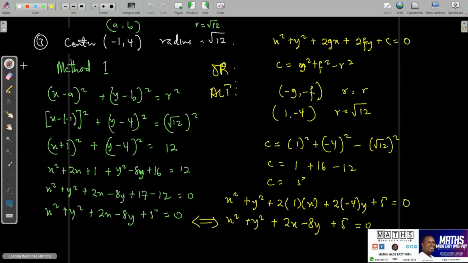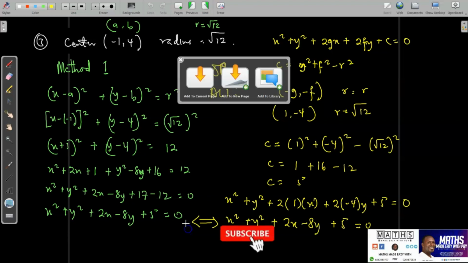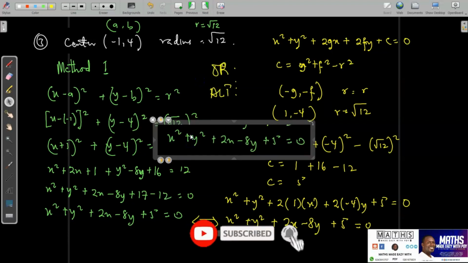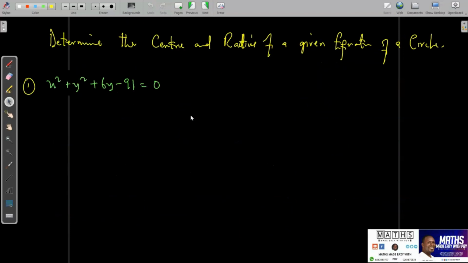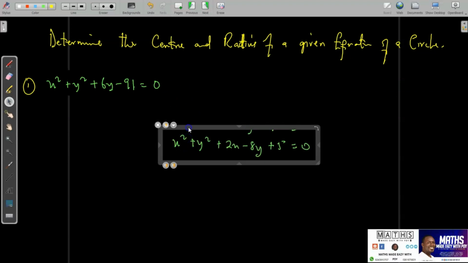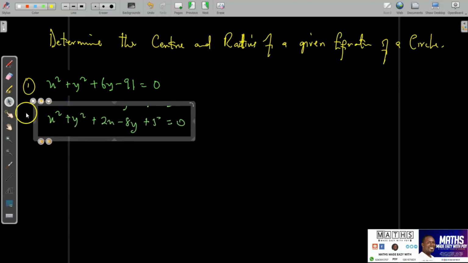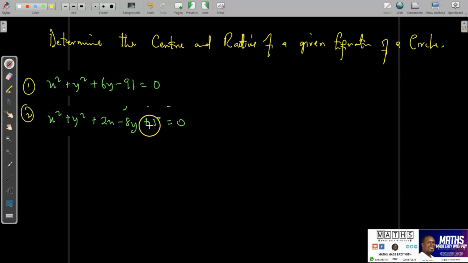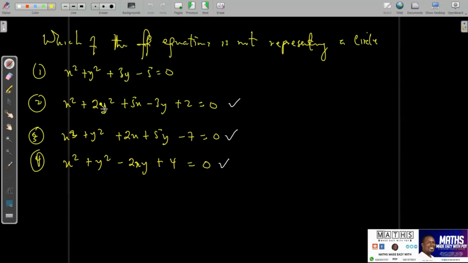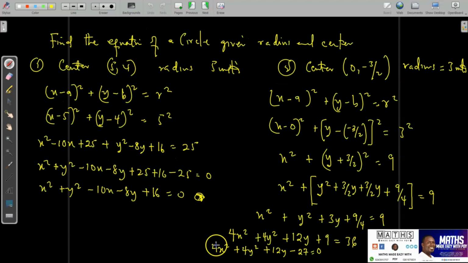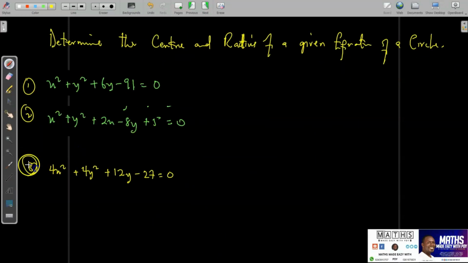Number two, we have this. So we are going to come up with the center of the circle as well as the radius of the circle. And then the third one, I'm going to take a question which has a different coefficient. Let's consider this question. So that's number three.